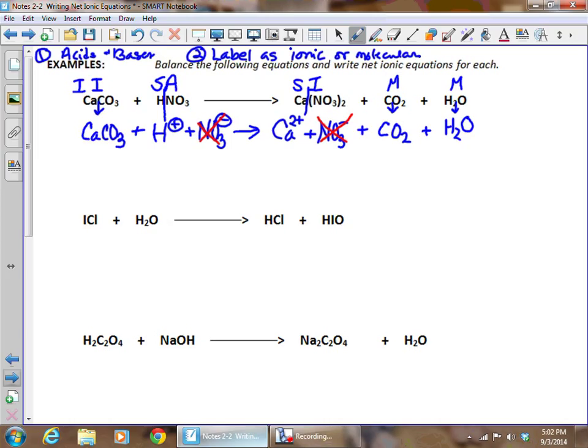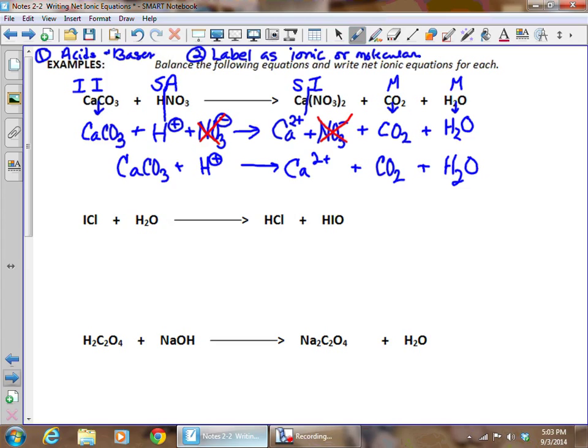There is nothing else that is identical on both sides of the equation in formula and charge, so we're going to write as our final equation CaCO3 plus H plus is going to yield Ca2 plus, CO2 plus H2O.